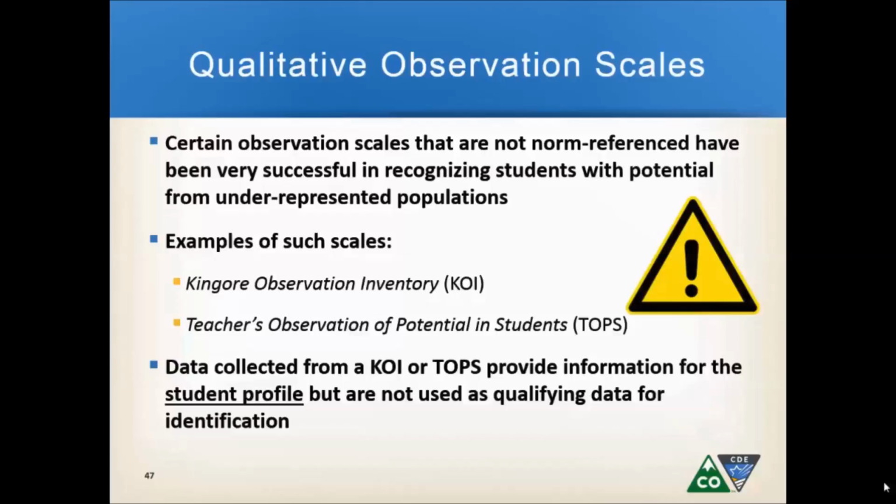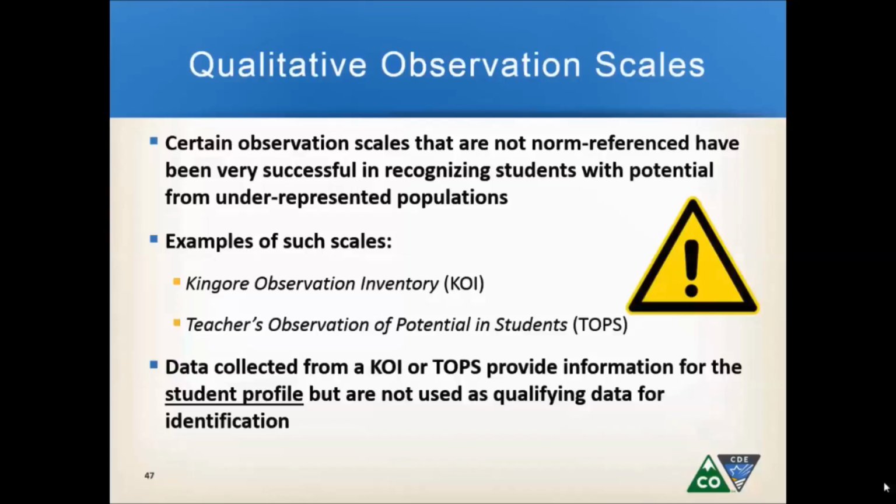Now, there is also a word of caution about using other qualitative observation scales. Now, there are other observation scales that are not normed reference, but we have seen very successful use of these scales in recognizing students with potential from underrepresented populations. 2 such scales that we often see used in Colorado are the Kingore Observation Inventory, otherwise known as KOI, and the Teacher's Observation of Potential in Students, otherwise known as TOPS, which is part of the U-STARS program.